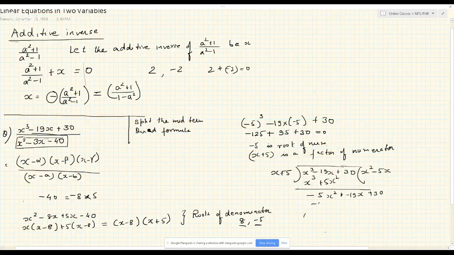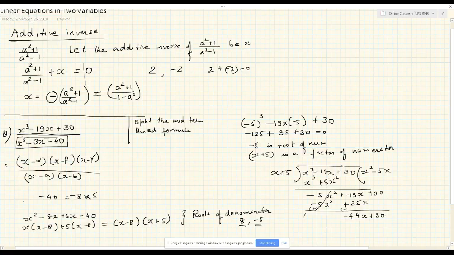So you'll get minus 5x square, then plus 25x, and then you cancel this out. So this becomes 25 and 19. Minus 25 minus 19 is minus 44x plus 30.